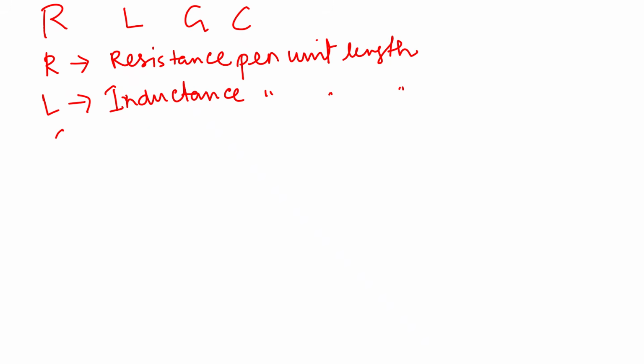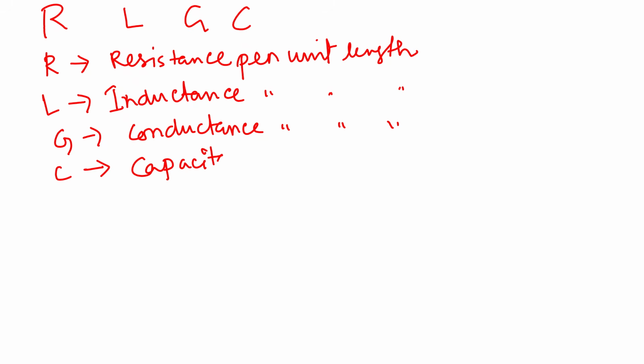Then comes G, which is conductance per unit length, and finally capacitance C, which is capacitance per unit length. So a transmission line, as I said, is usually represented in terms of these four parameters R, L, G, C, which are also called line parameters.